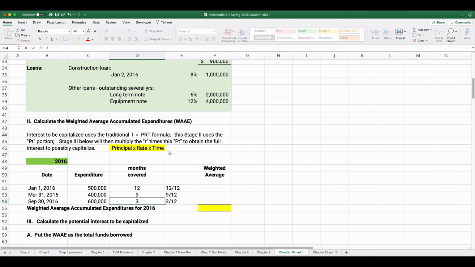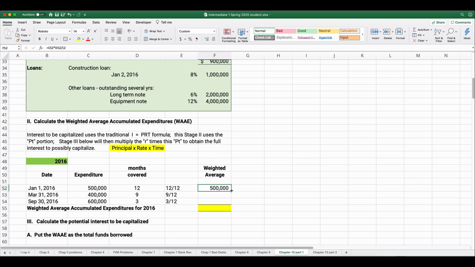So remember, we're taking the principal times the time, the fraction, and we're going to multiply this out. 500,000 times 12 divided by 12 is 1, so 500,000.